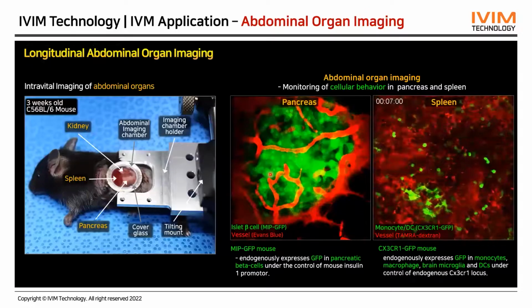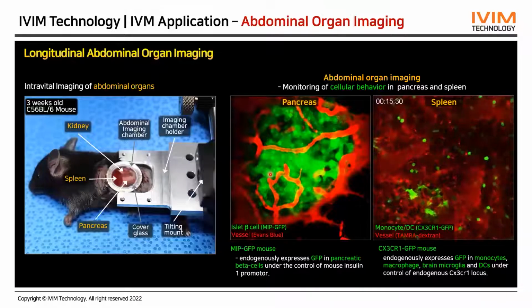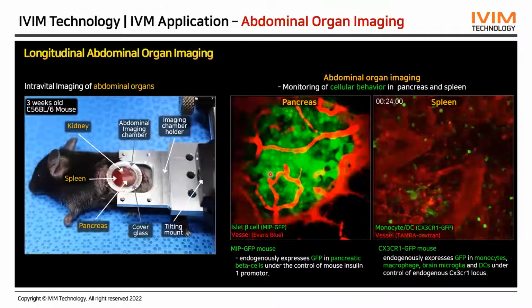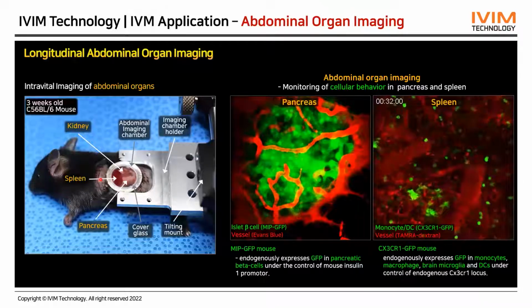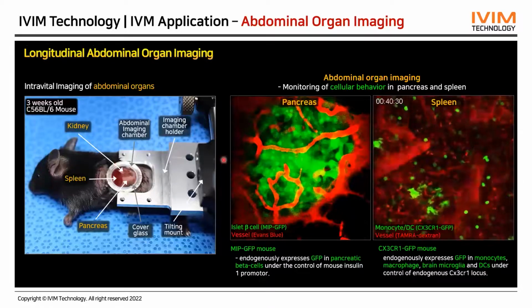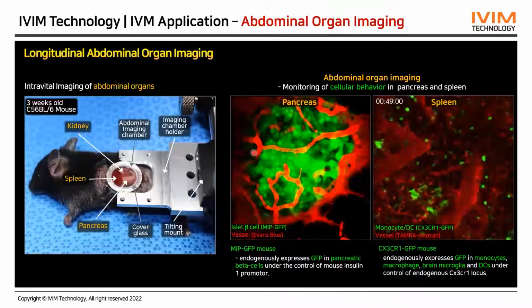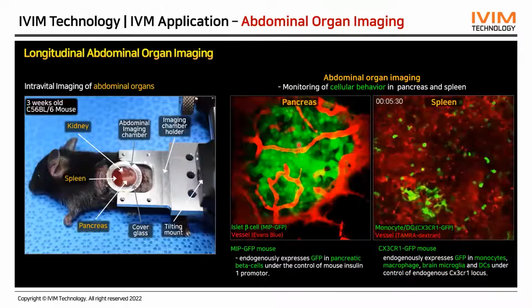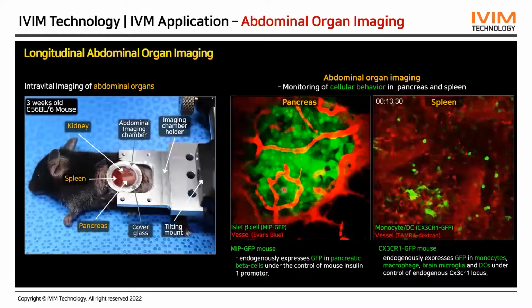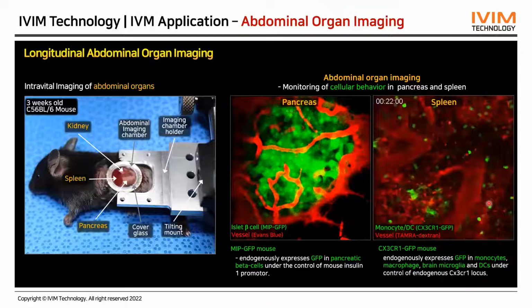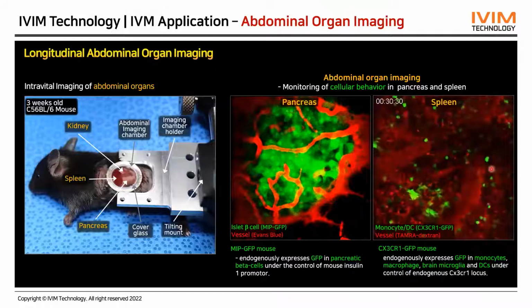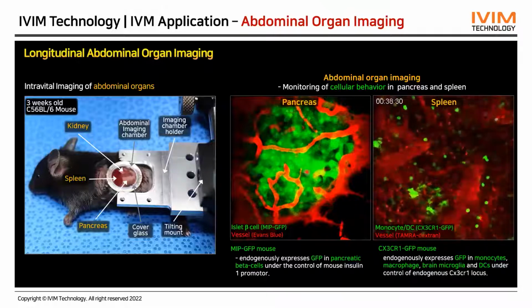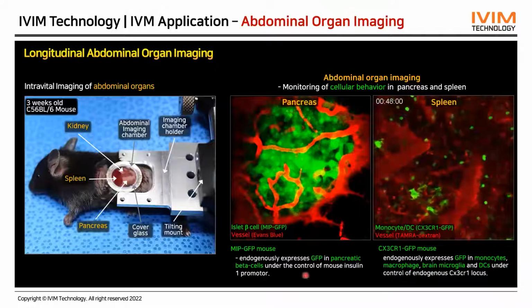For abdominal organs, we utilized an abdominal imaging window for longitudinal in vivo monitoring of internal organs such as the pancreas, spleen, and kidney. This is the result of the spleen and pancreas imaging. We could visualize the real-time cell dynamics of endogenous monocytes and dendritic cells in the spleen. We can also visualize pancreatic islet beta cells using the MIP-GFP transgenic mouse.